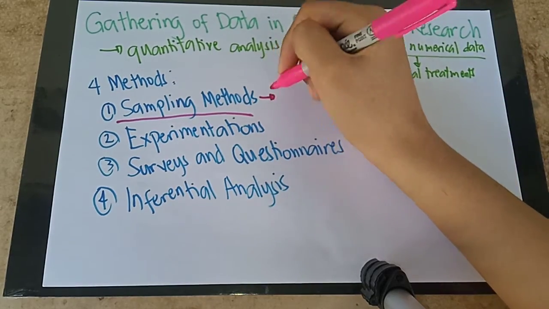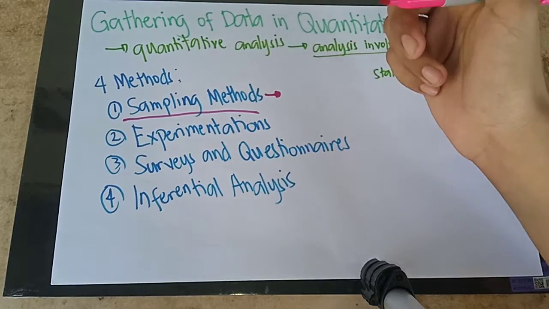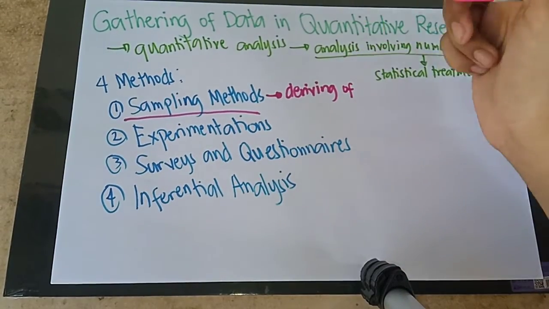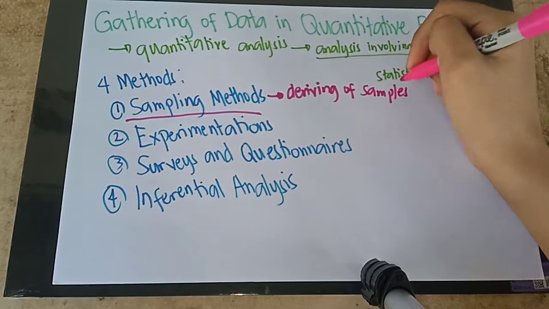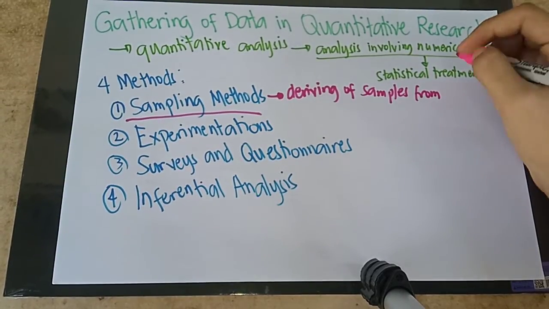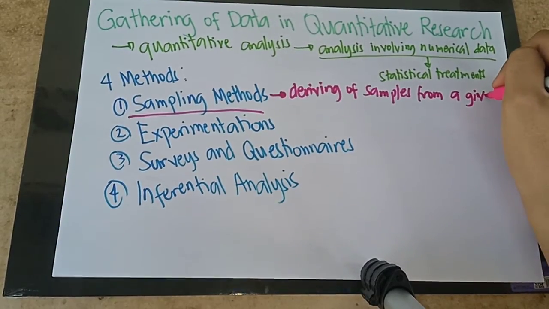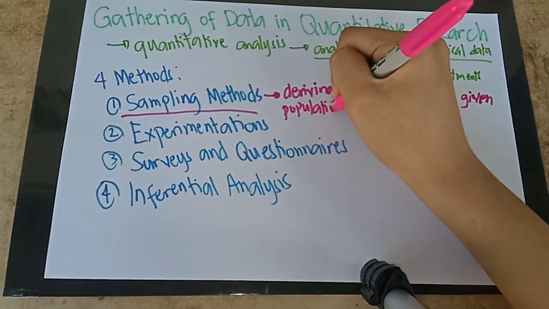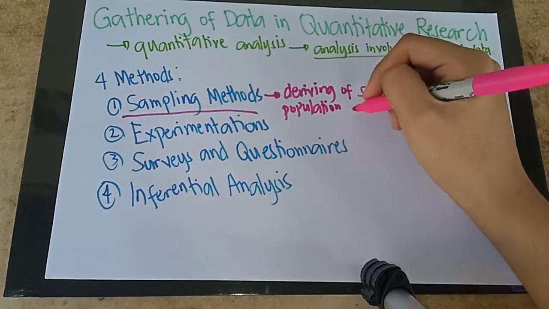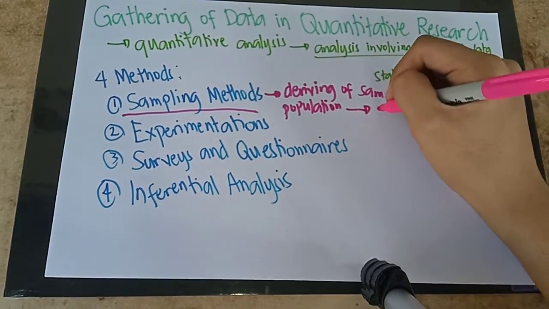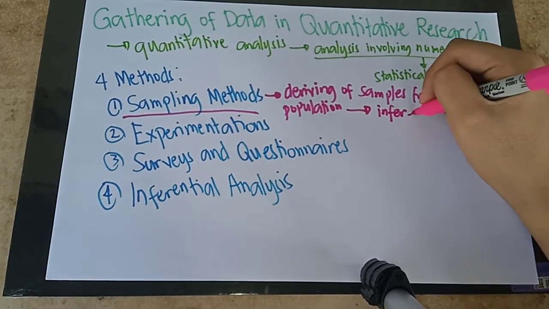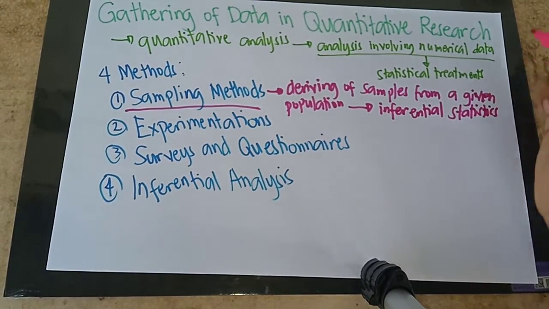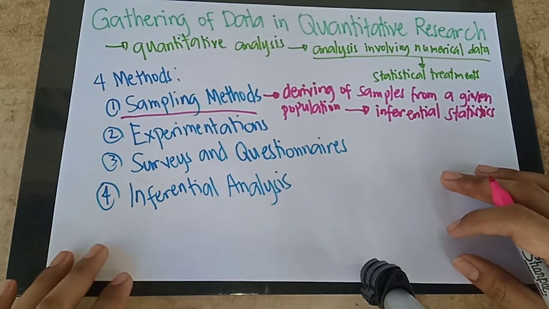So sampling methods pertain to the deriving of samples from a given population. And this derivation of samples from a given population is used in the process of inferential statistics.